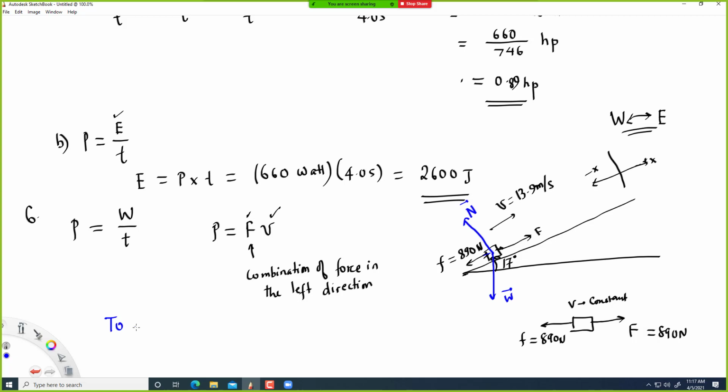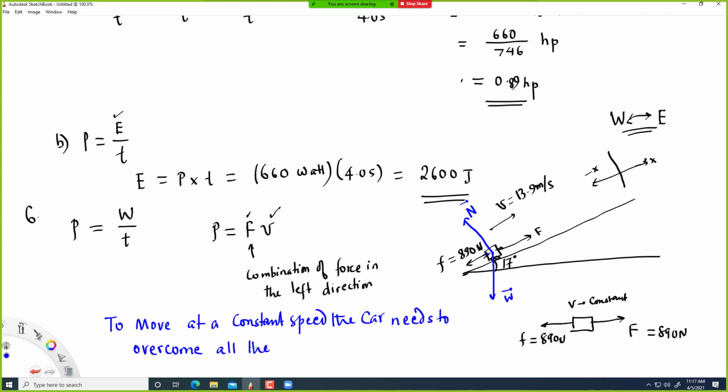So to move at a constant speed, the car needs to overcome all the forces pointing to the negative x.